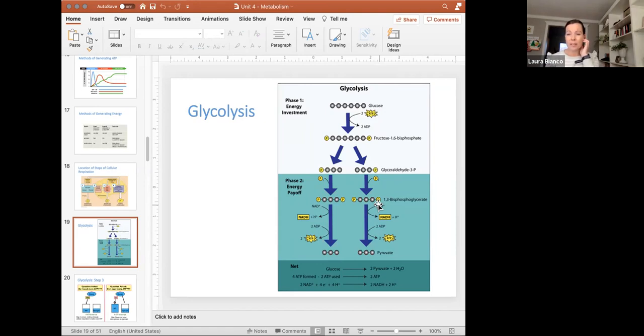But more importantly, what happens is that a couple of coenzymes get reduced during this step. And remember, we talked about oxidation and reduction just a minute ago. When a molecule, in this case a coenzyme, gets reduced, it is given electrons, hydrogen ions, but also energy.